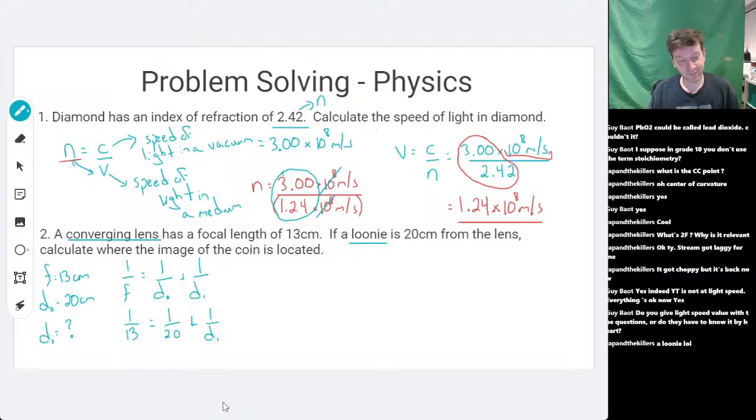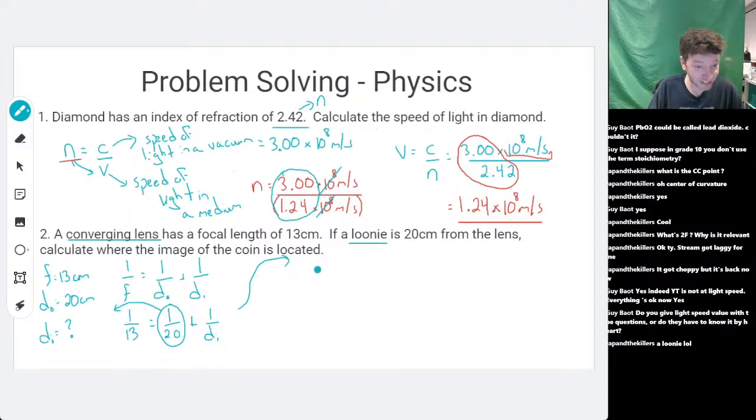All right. So first thing we want to do is, since we're isolating for di, oh, this has so many words students don't like. Isolate for di and fractions, but we try to get through it. So we're going to bring this term to the other side of the equation by subtracting it from both sides.